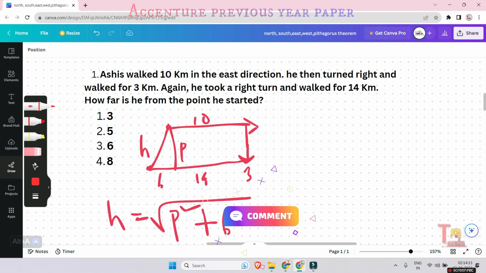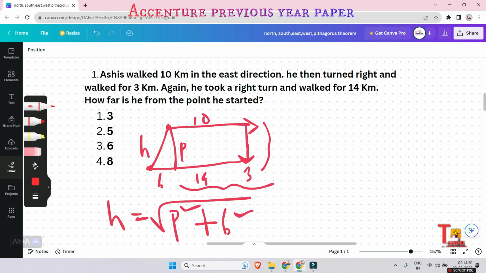The perpendicular is actually the same distance he covered here, 3. And the base is 14 minus 10. This is actually 10, and this should be 14 minus 10, so 14 minus 10 means 4. So the base is 4 and the perpendicular is 3.